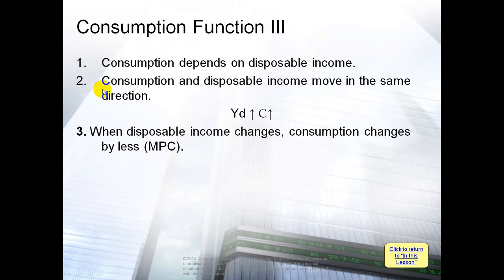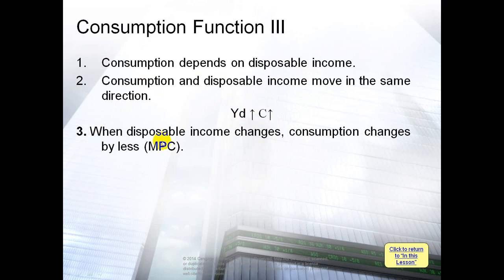The second point is consumption and disposable income move in the same direction. So there is a direct relationship between total consumption and YD, disposable income.